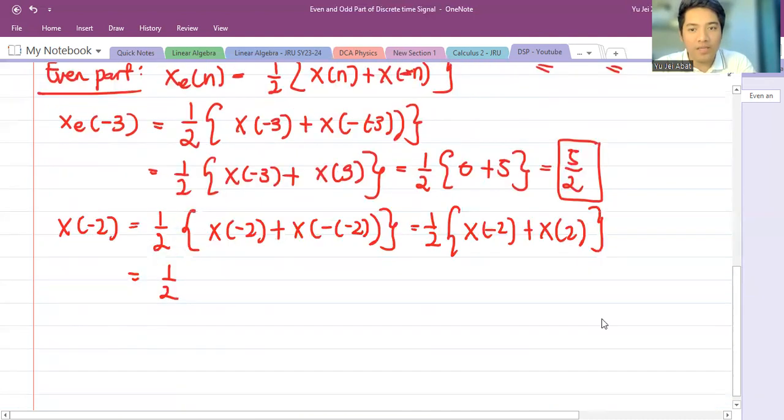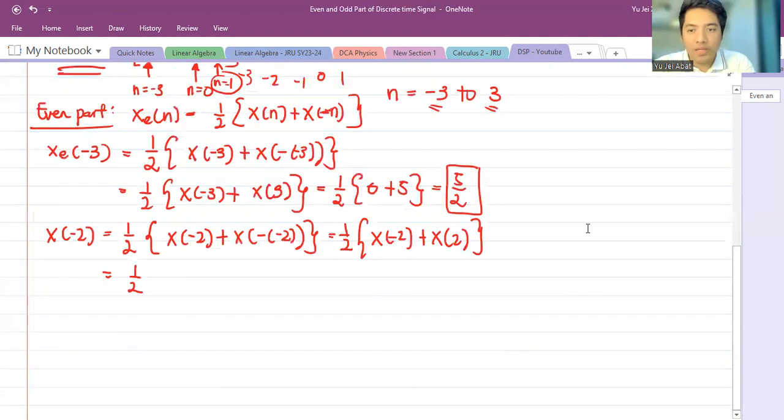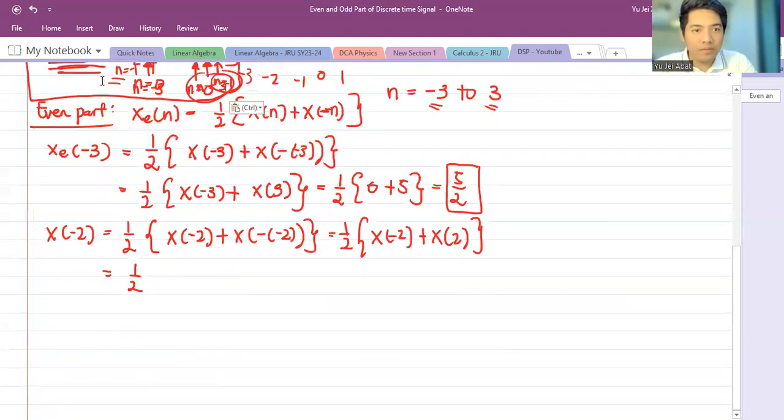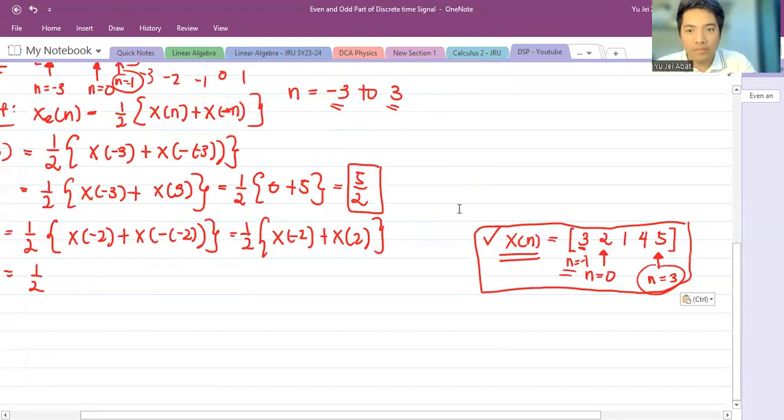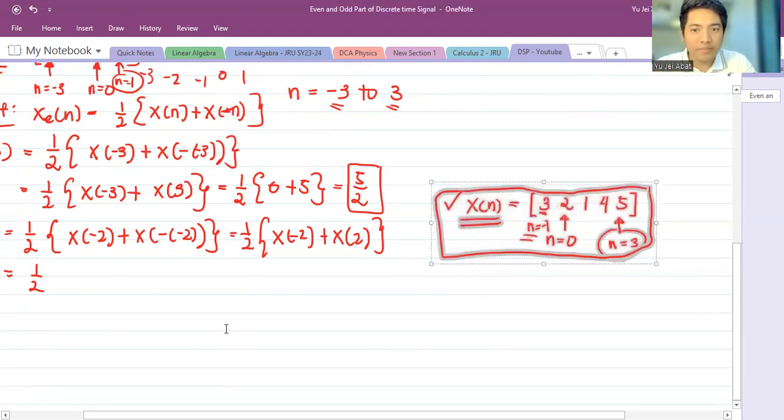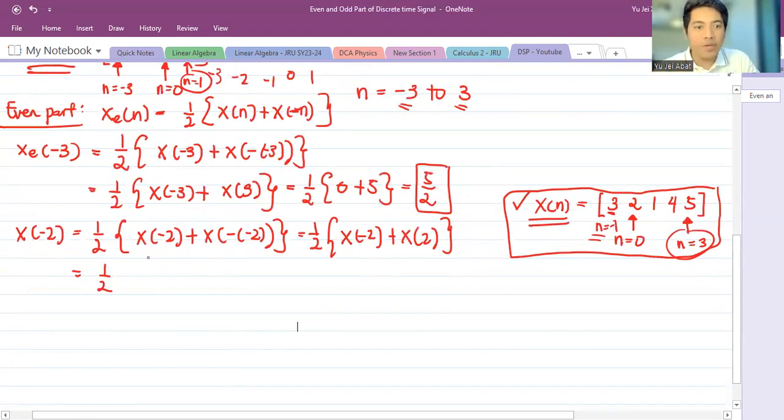I'll just copy paste it here so that you can see it more clearly. The x of -2 is 0 since there is no -2 here. The lowest is -1, so we have 0 plus x of 2. The x of 2 is 4, so that would be 4 all over 2, or simply 2. So that's the amplitude for n equals -2.